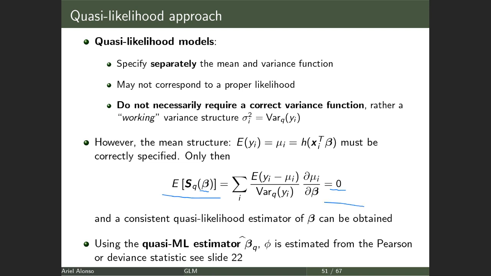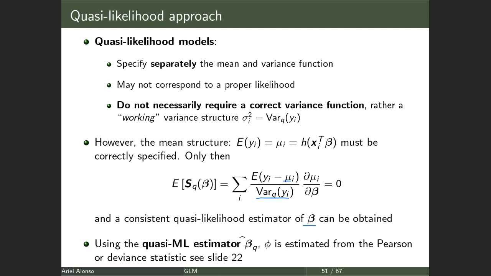So if you got this right, then your estimator of beta emanating from this equation is going to converge to the true value of beta. The mean is correct, so you will get consistent quasi-likelihood estimators of beta. They are going to approach the true value of beta. And that's everything. The rest of the equation is wrong. This part here is wrong, but you got this part right.